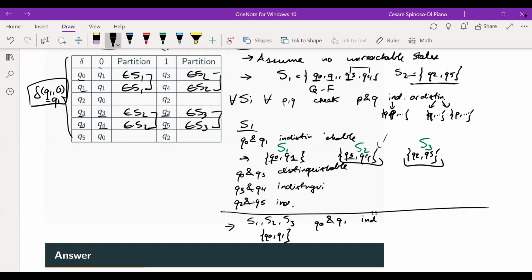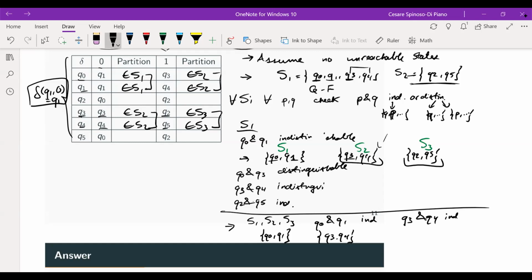These two are the same for symbol 1. So that means that, sorry, not Q2, I got ahead of myself there. That means that Q3 and Q4 are indistinguishable. So they would go in the same partition again.